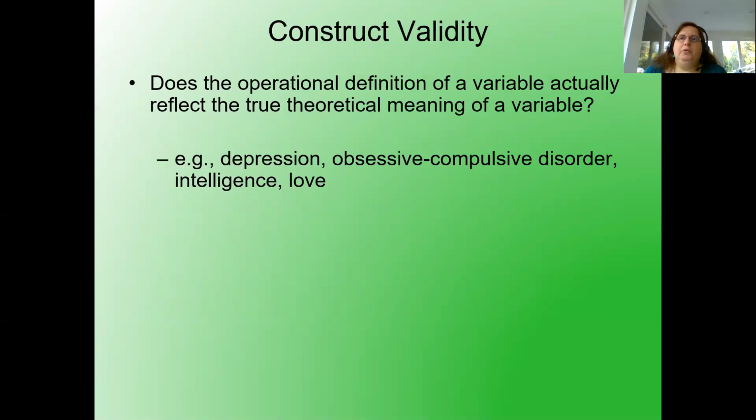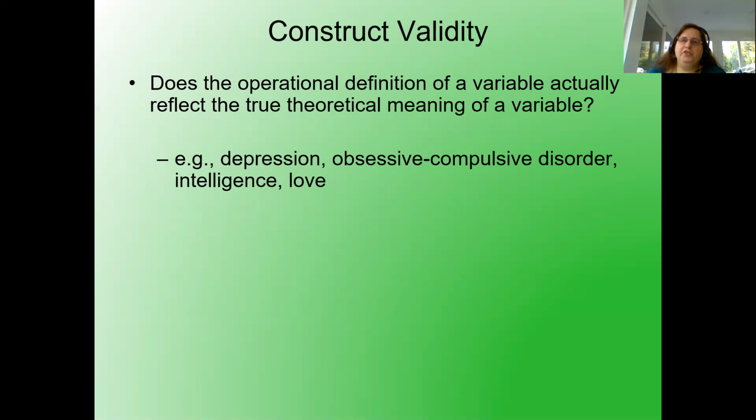The next kind I want to talk to you about is construct validity. Does the operational definition of a variable actually reflect the true theoretical meaning of a variable? So we talked about operational definitions, right? We talked about breaking something down into its component parts that we can actually measure.